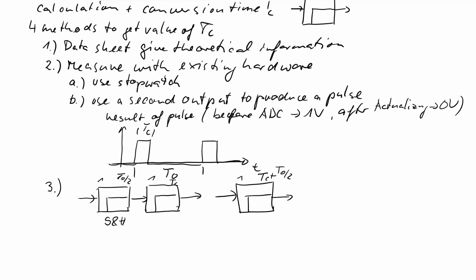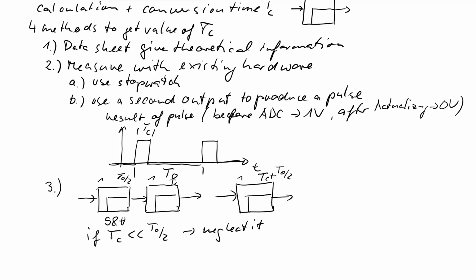So if you have an indication that TC is very small compared with the half of your sampling time, say you have a slow system and sampling time is 1 second, and you know your microprocessor system leads not more than 1 millisecond for calculation and conversion, then if TC is very small compared with T0 half, neglect it.